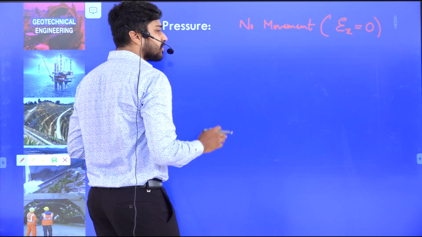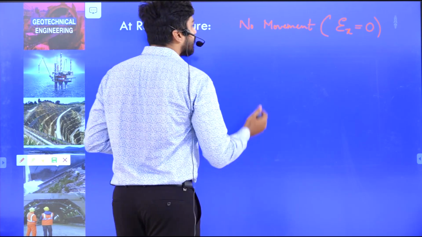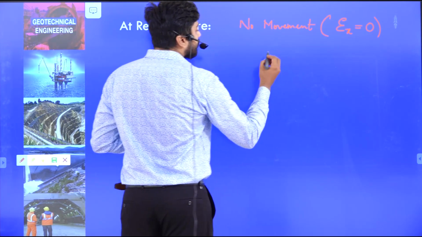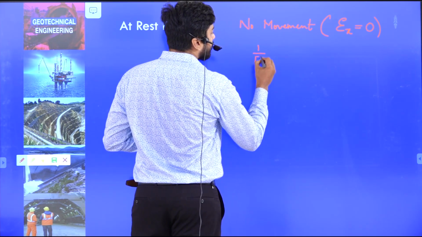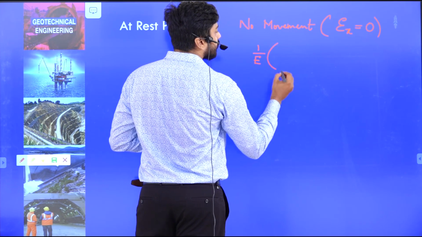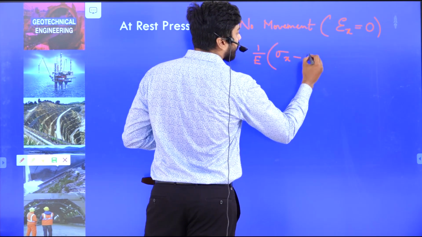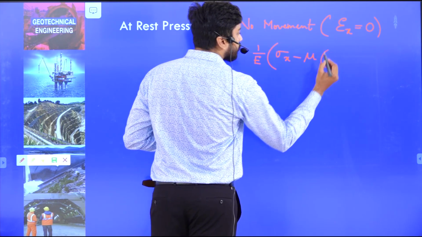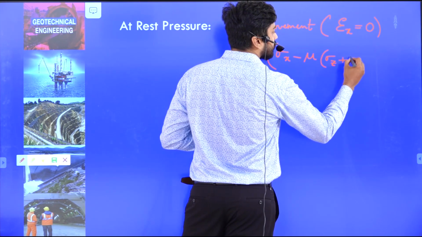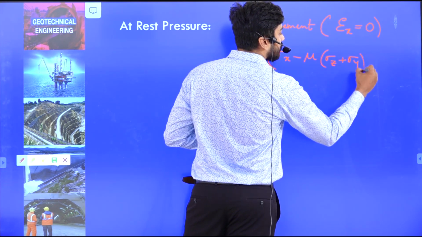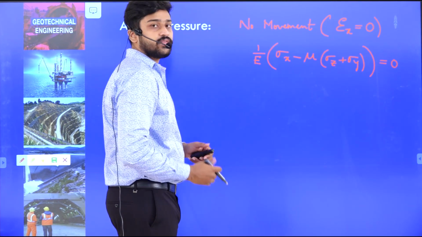In such a case, we know from the concept of strength of materials for any two-dimensional or three-dimensional body that the strain being 0 indicates 1 by E into (sigma x minus mu into (sigma z plus sigma y)) is equal to 0, for a three-dimensional body.